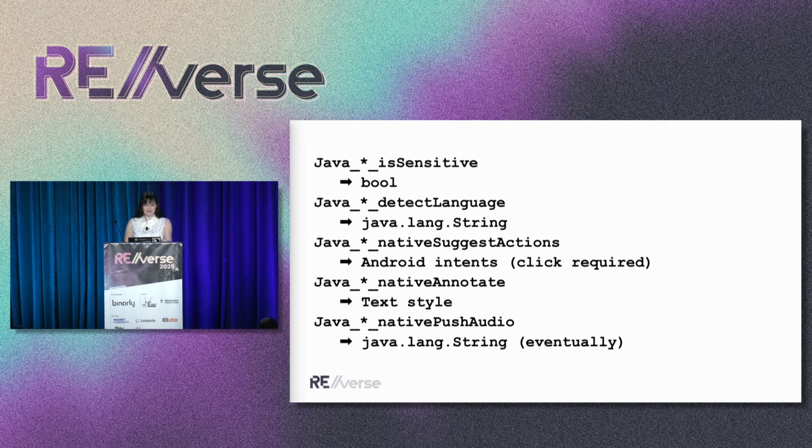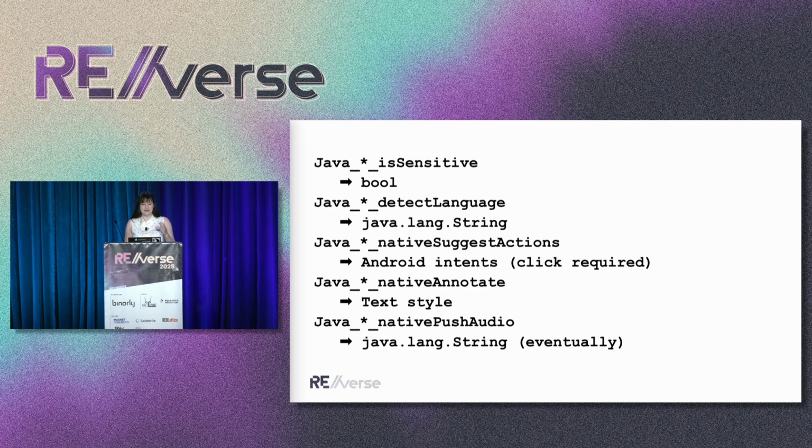There's detect language, which returns just the string with the language. There's suggest actions, and if there's anything that has logic bugs, I think this would be the one that has the most problems. But it still is click required, and it returns an intent. And I looked at this, and there's only about 5 possible intents it can return. And they're all things like, visit a link, take a selfie, make a phone call, that sort of thing.